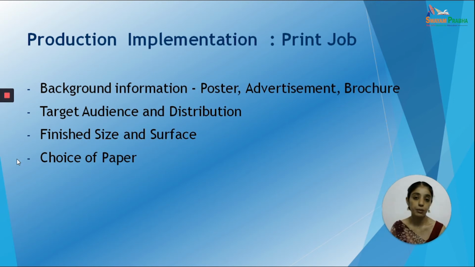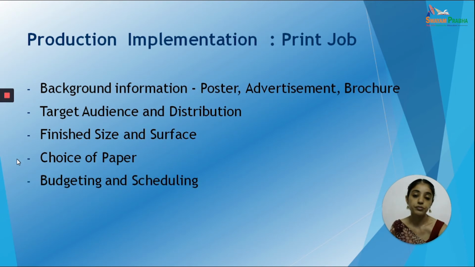Then choice of paper. Choice of paper is on the basis of thickness, on the basis of its glossiness. We all understand newsprint and magazine papers are different. Different surfaces give different production qualities. So you need to know which paper your advertisement or your marketing message is going to be reproduced upon.